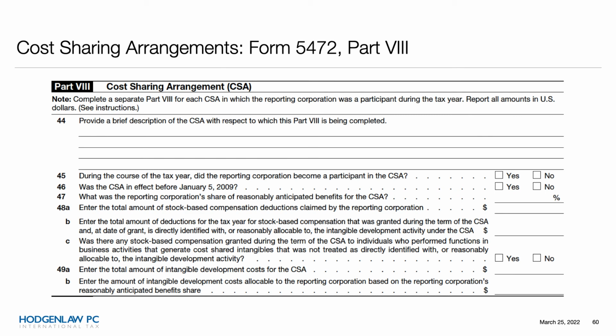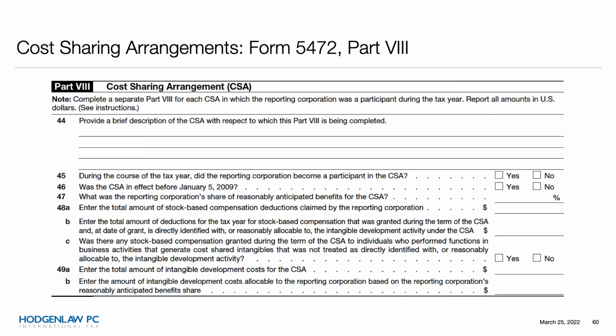Cost-sharing arrangements are situations where 2 taxpayers, let's just call them 2 corporations in a corporate structure, but they're related to each other, both chip in for the costs of, let's say, developing a product. So there's a lab full of engineers and scientists busy working on some technology in some kind of corporate structure.